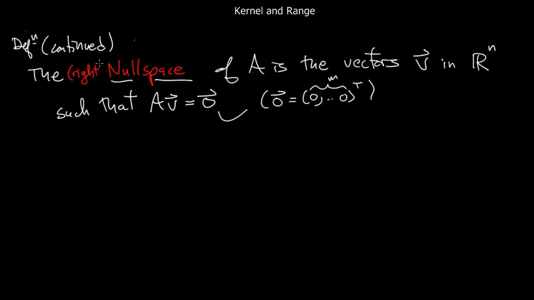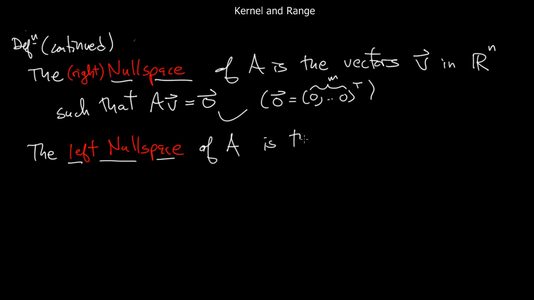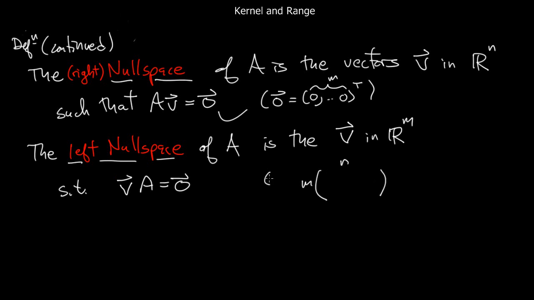And I'm going to put in parentheses here the word right, even though usually when I say null space, I'm not going to specify that, because there's a left null space, which, as I indicated a couple of slides ago, you can do the same thing with the vector on the left. The left null space of A is the vectors v, and now these vectors need to be in Rm so that this operation is defined. I put a vector on the left and I multiply it by A, and I get 0. And now this 0, let's see, let's do a little experiment here.